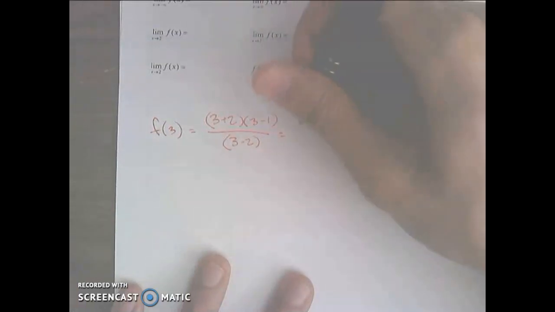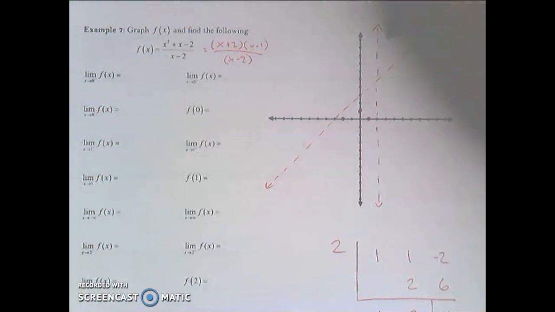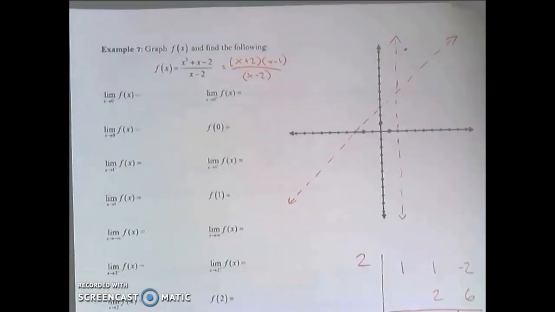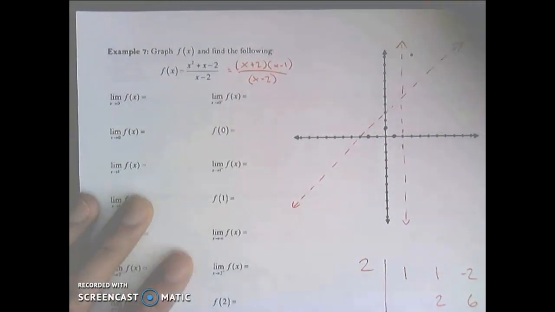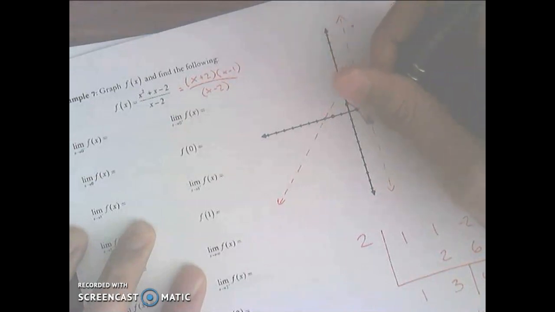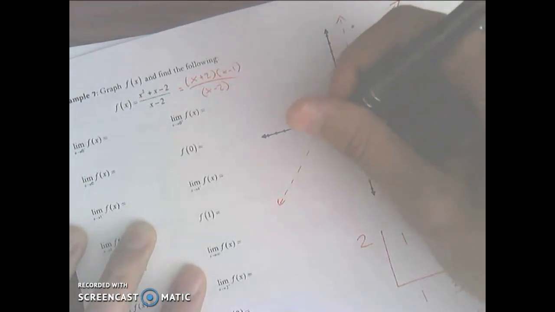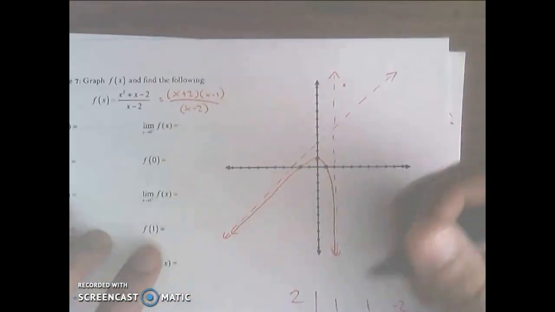So that would be 5 times 2, and 3 minus 2 is 1. So we have 10. So we have the point (3, 10). Let's go ahead and plot that. That's up here. Okay. So to sketch the curve, we've got this here.